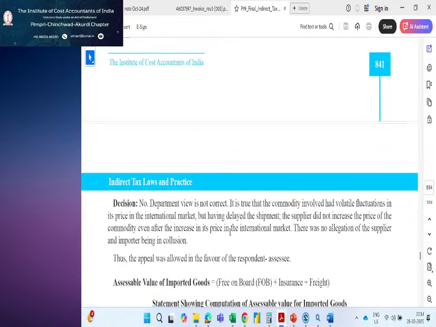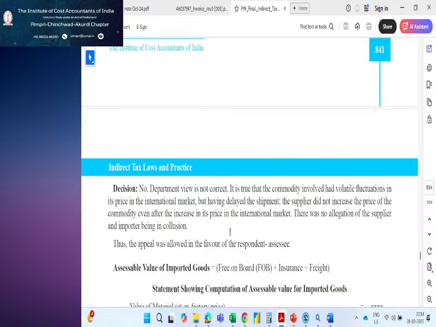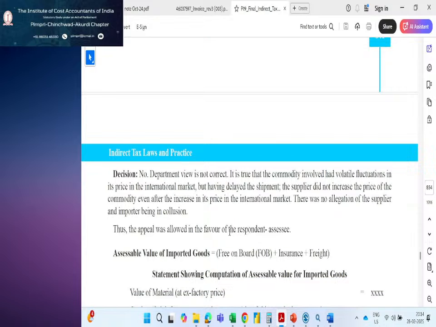So in those situations, we as professionals should understand the entire thing, and we should justify that our contention is right.